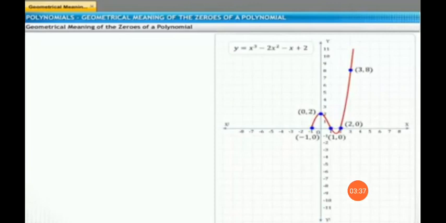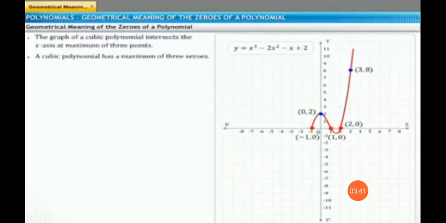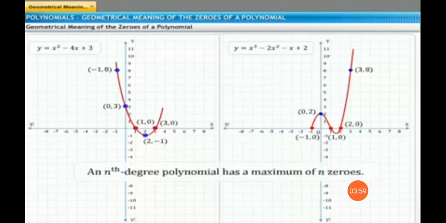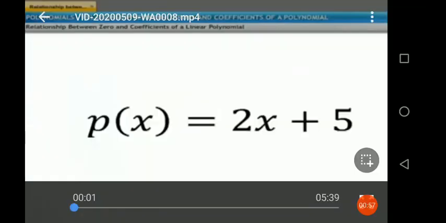For a cubic polynomial, the point of intersection with the x-axis is 3, so it has a maximum of 3 zeros. Got it? So, see the difference between both the graphs for cubic and quadratic polynomial. Similarly, an nth degree polynomial has n zeros.